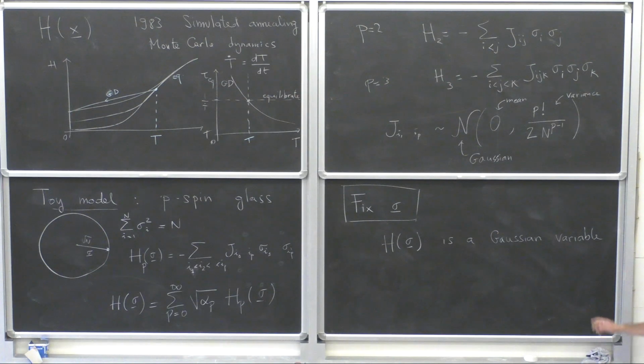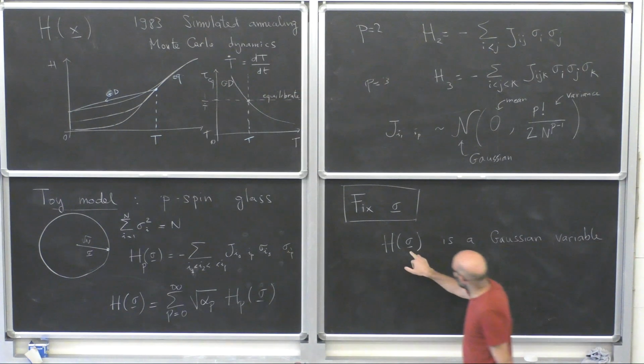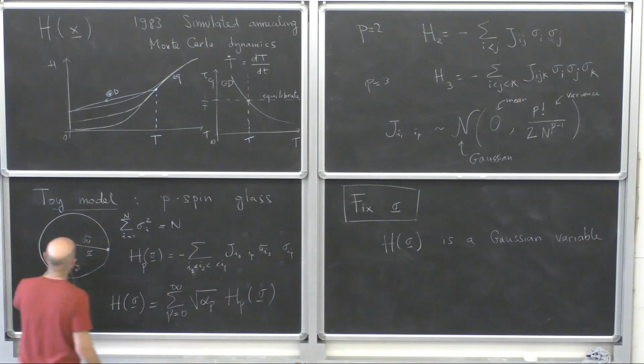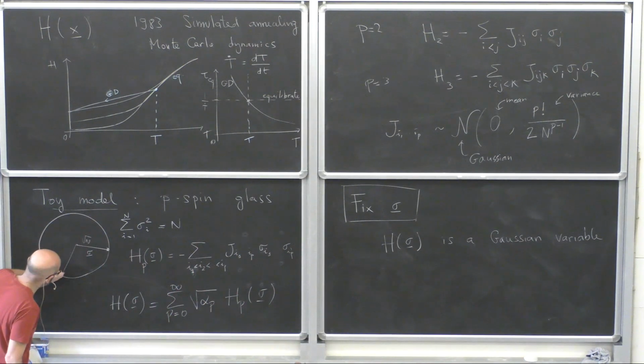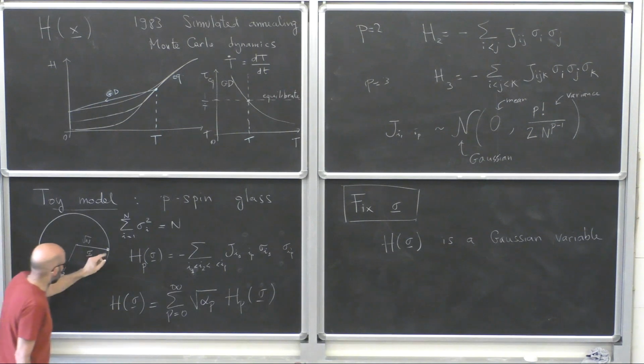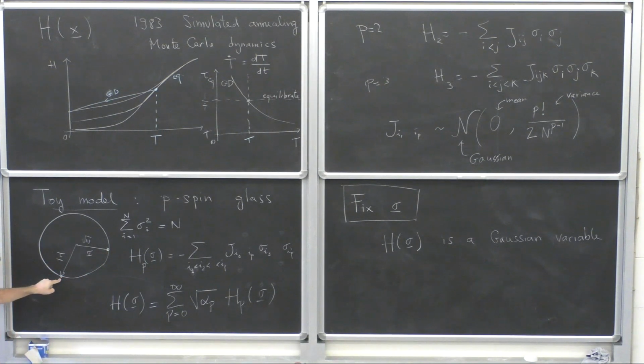So for each sigma, if I take another configuration, let's call it tau, here I have the energy of this one and the energy of this one and any other.